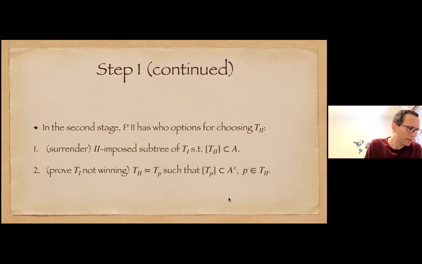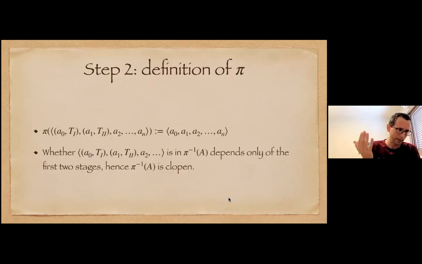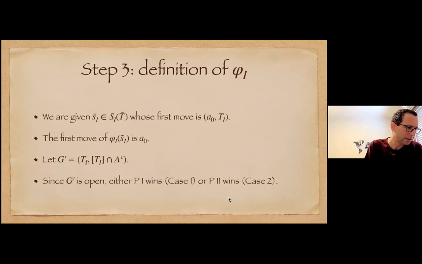So we are given some strategy in the covering game, and we want to map it into a strategy in T. So the first step will be, let's say that the first step of the covering strategy is A0 T1. So the first step in the covered game will be A0. So now I'm player 1, I know that I should play A0, I play A0. And now I consider the following game.